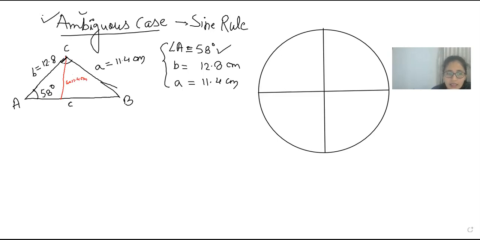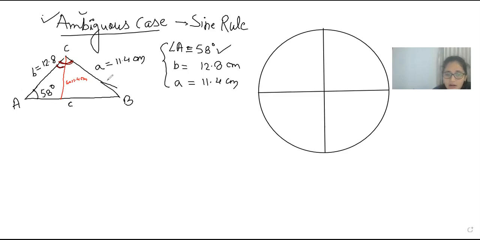In that case, the value of angle C will be different for each case. For the first triangle, ACB, angle C is this one. For the other case, when this red line is equal to 11.4, the value of angle C changes.